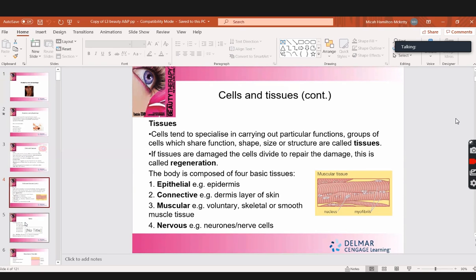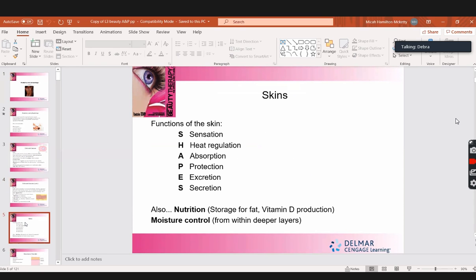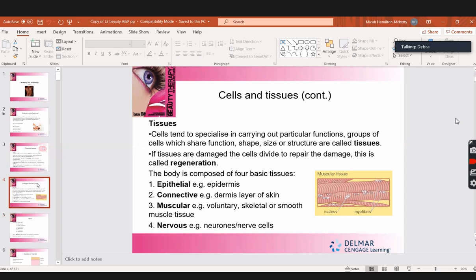Okay. I'm going to move on to the skin. So we looked at our cells, you coming in by yourself, a singular cell. You joined your bubble or your group and became a class. And we looked at our various classes: level 2 beauty therapy, level 3 beauty therapy, nails, level 4 micropigmentation, microblading.